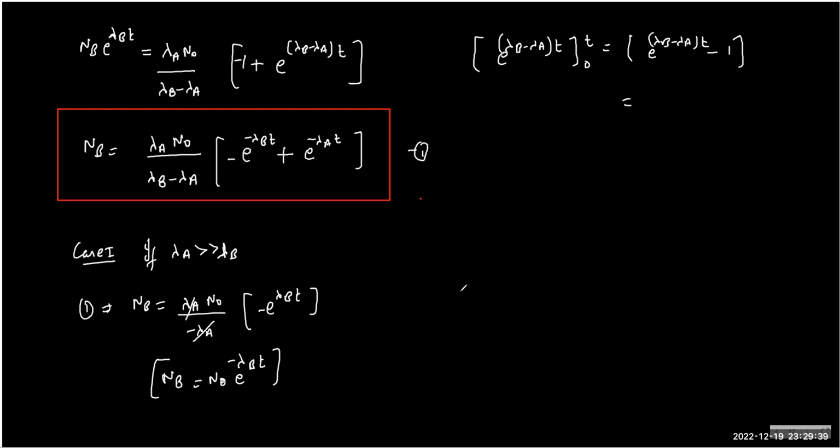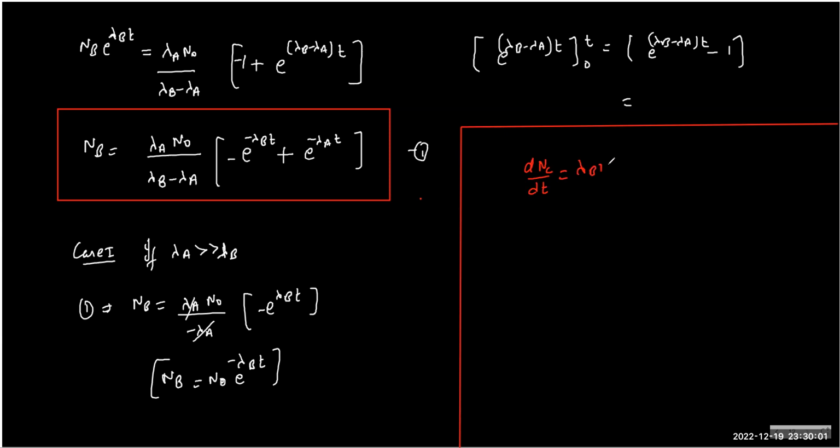And because now you know NB, can you find NC? So what is NC? dNC by dt equals lambda B NB, isn't it?